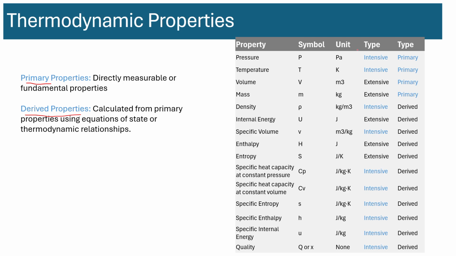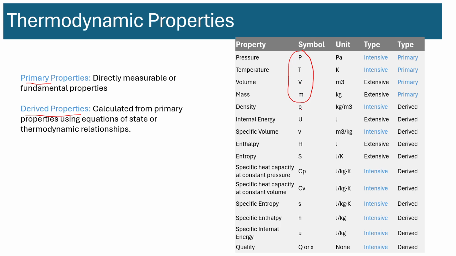The typical measured properties are pressure, temperature, volume, and mass. Everything else is derived based on these or other measurements. You can use a pressure sensor to measure pressure, a temperature sensor to measure temperature. You could use dimensions to measure volume. You could use a weighing scale to measure mass.